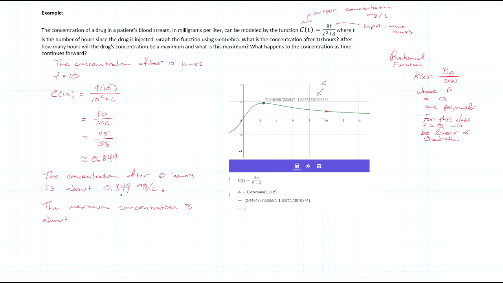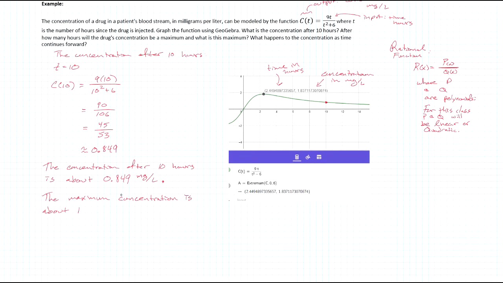So this is the concentration in milligrams per liter, and this is the time in hours. So the maximum concentration is about 1.837 milligrams per liter, about 2.45 hours after injection.